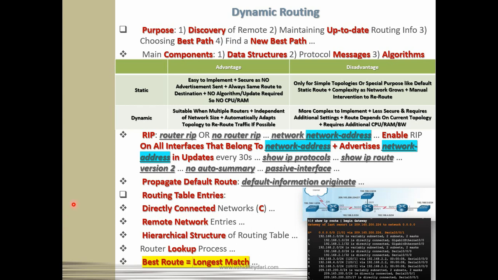Level 1 routes can also be of supernet route types. So a network address with a mask less than the classful mask is considered a supernet route. For example, a summary route or a summary address is considered a supernet route because it has a mask less than the classful mask for that network.